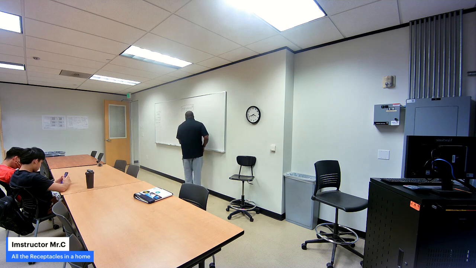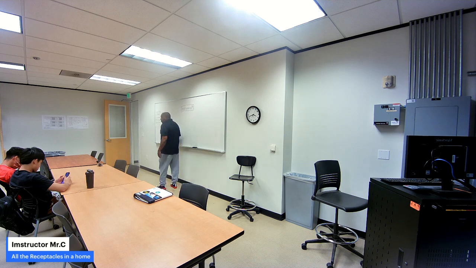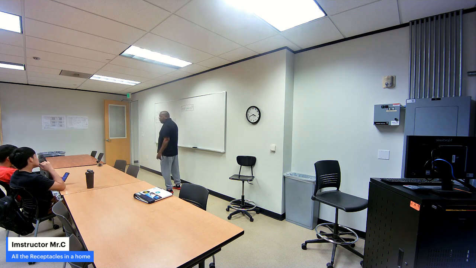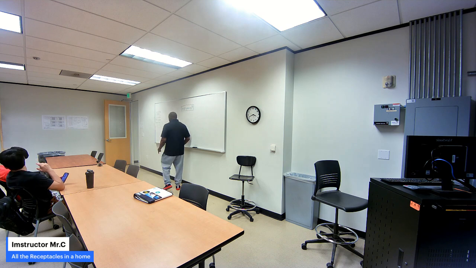Not only wind up a house, but just wind up almost anything. So, any one receptacle, we have what's called a regular receptacle, right? We have a receptacle. What's another type of receptacle we have? 30 amp receptacle.